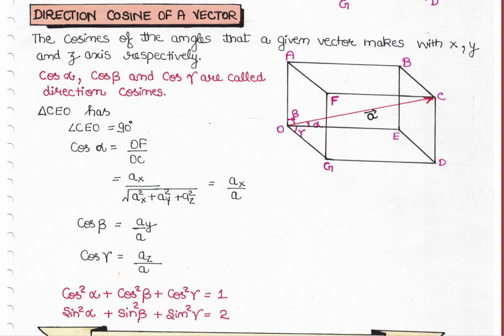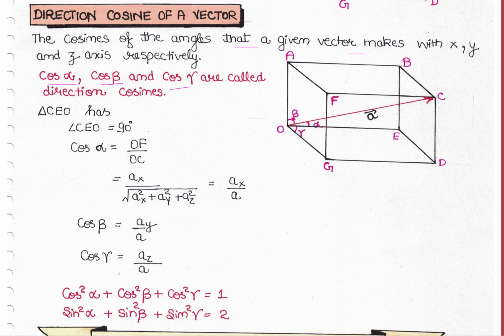Now direction cosine of a vector, how can we represent it? The cosines of the angles that a given vector makes with the X, Y, Z axes respectively are known as the direction cosines of a vector, and these are cos alpha, cos beta and cos gamma. So what are alpha, beta and gamma?